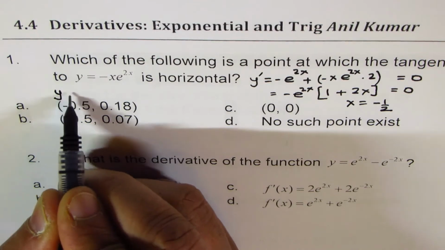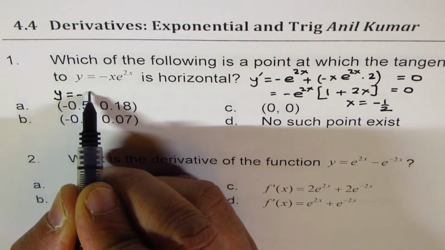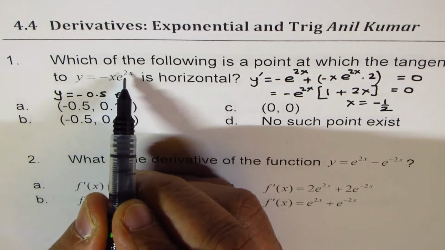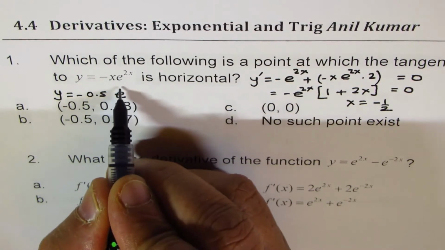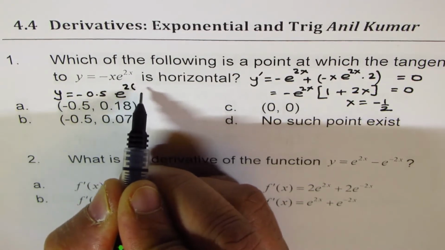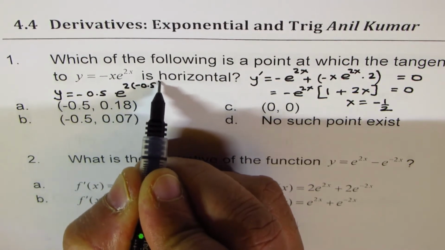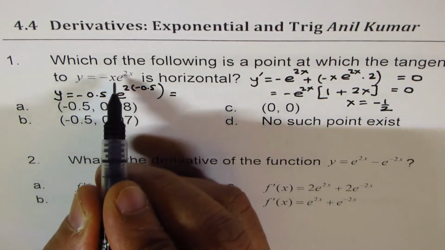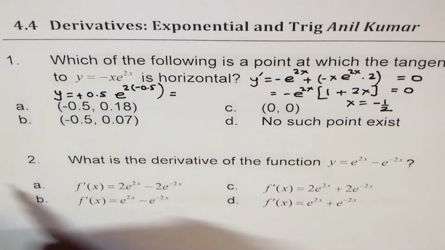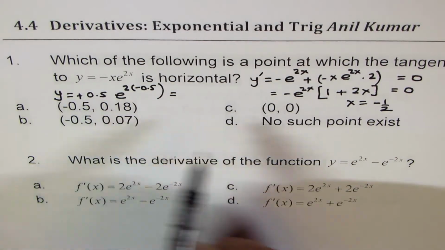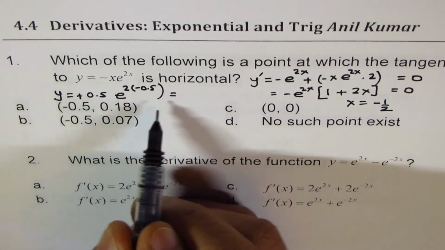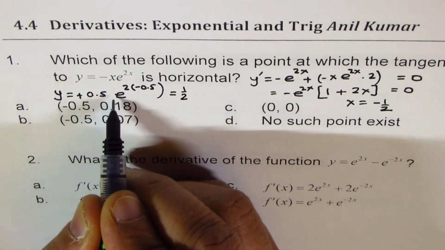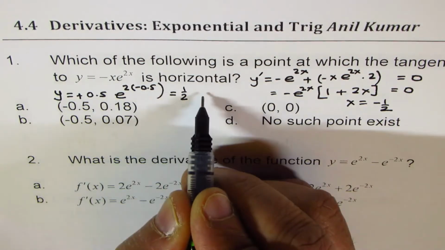So y equals minus 0.5 e to the power of 2 times minus 0.5. This minus makes it plus actually, I should have written positive here, because x is a minus value.